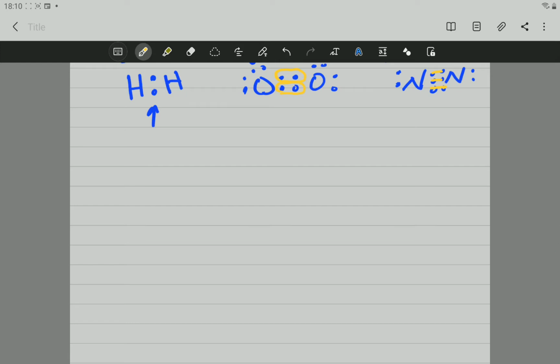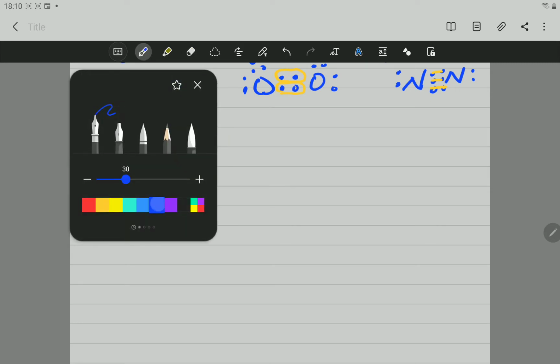Now, how do we draw this Lewis dot diagram for the formation of covalent bonding? To do this, you have to follow certain rules, certain steps. Let's use an example of another molecule.